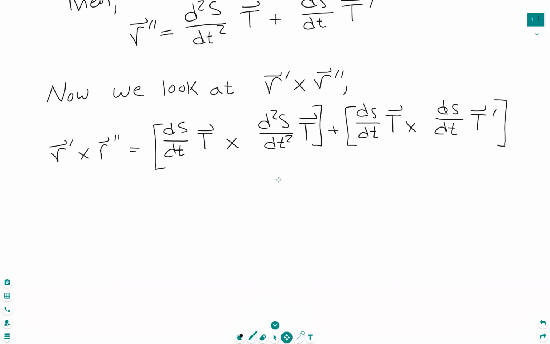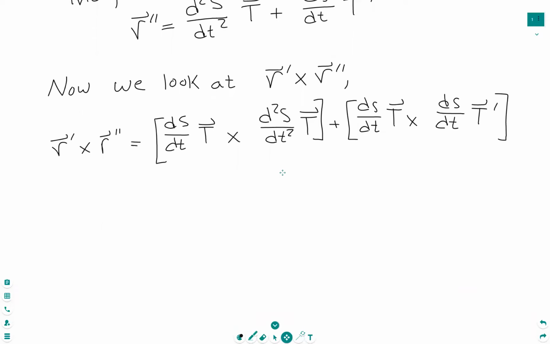Well, the cross product of two things that are parallel should give us 0. These are parallel vectors, so this is equal to 0.